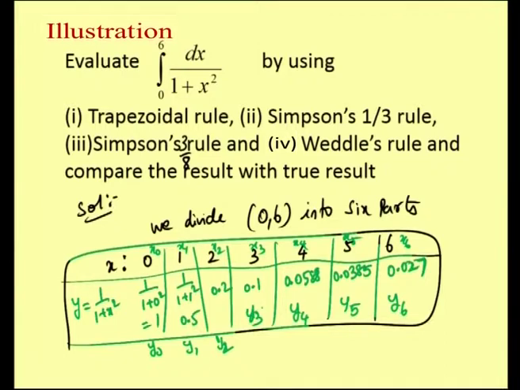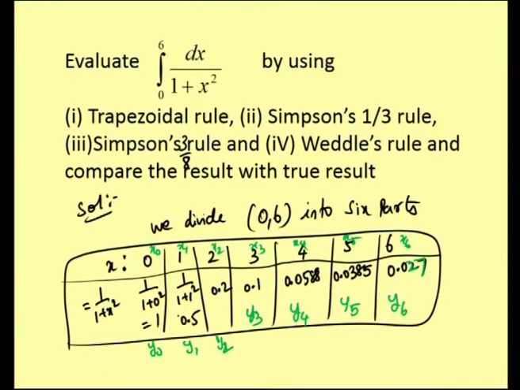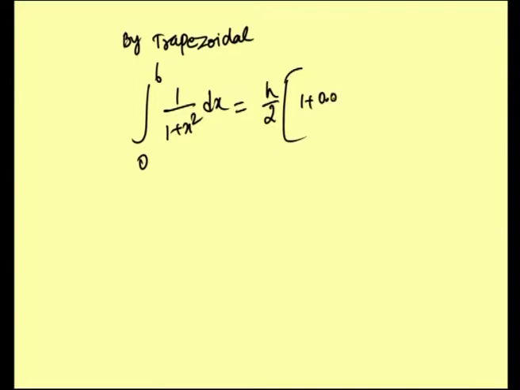Now, first of all, by the trapezoidal rule, we have the formula: integral 0 to 6 of 1 by 1 plus x squared dx is equal to h divided by 2 times the sum of first and last ordinate, which is 1 plus 0.027, plus 2 times the remaining: 0.5 plus 0.2 plus 0.1 plus 0.0588 plus 0.0385.